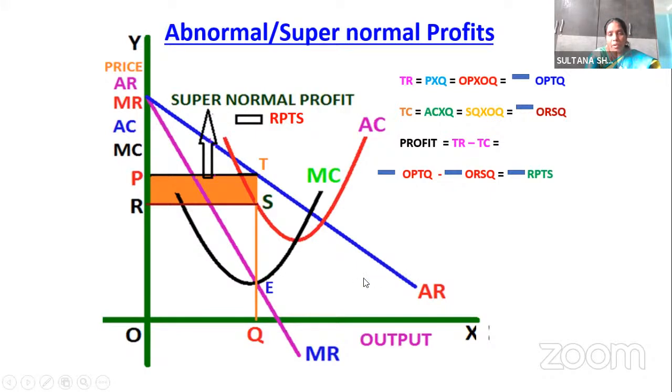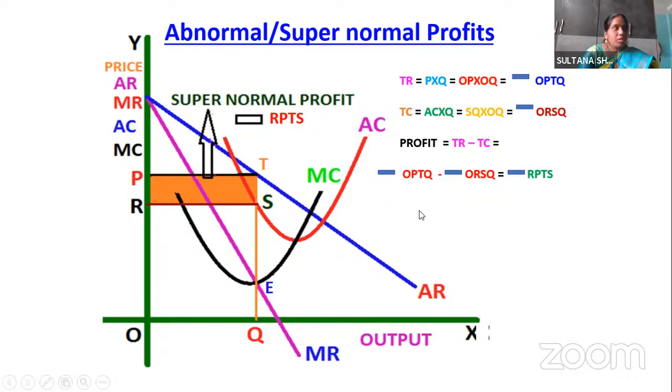Marginal revenue is below the average revenue. This is the average revenue, this is the marginal revenue, this is the marginal cost, and this is the average cost.